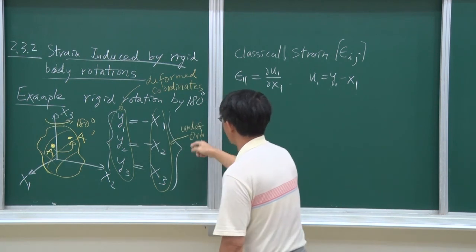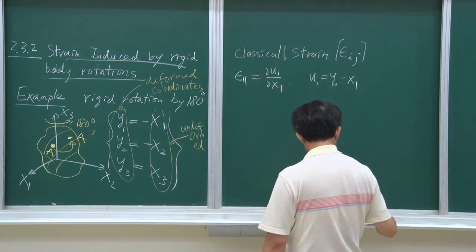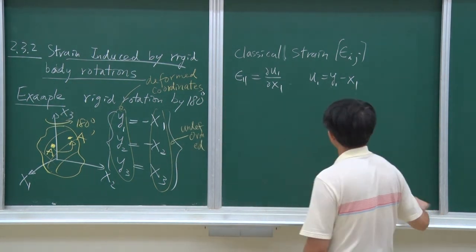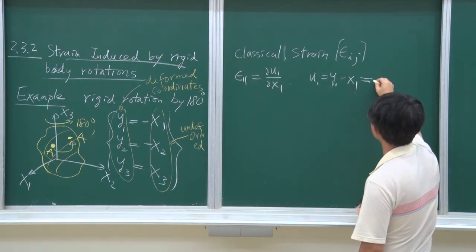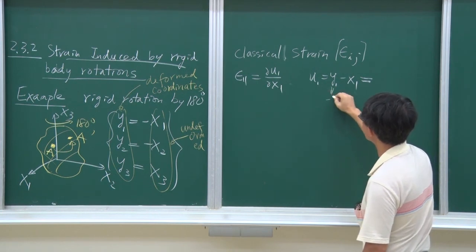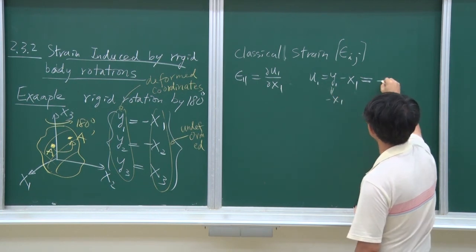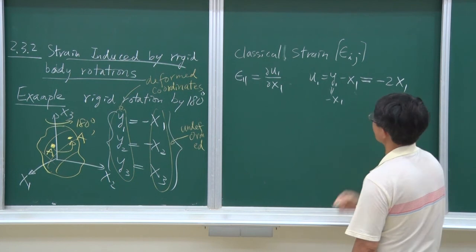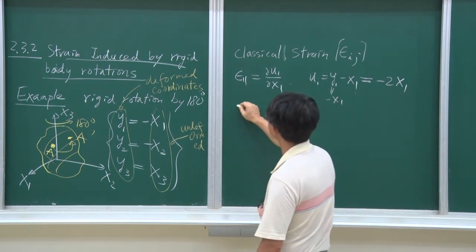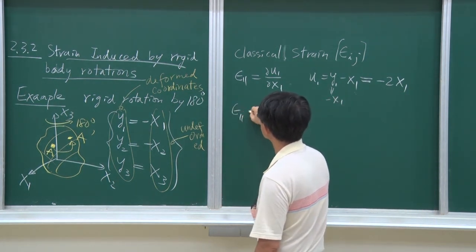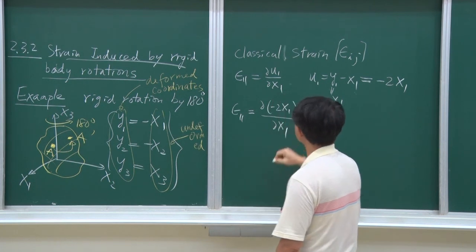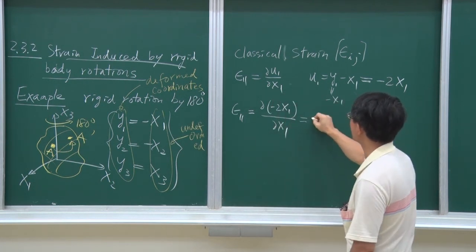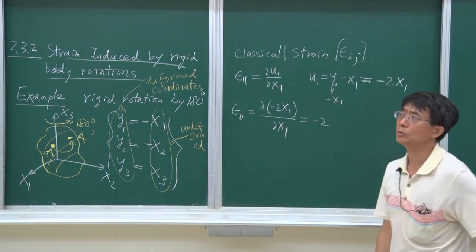So their difference is the displacement. In this example, we know that y1 equals minus x1, so u1 equals minus 2 x1. We put it inside this formula, and it turns out to be minus 2.